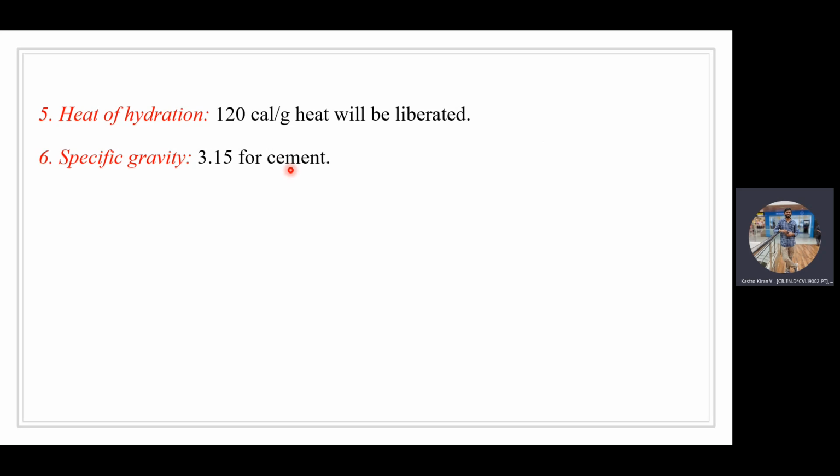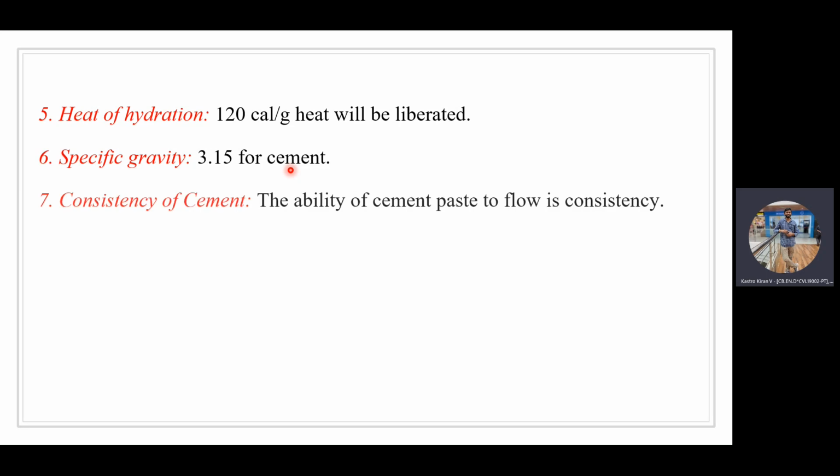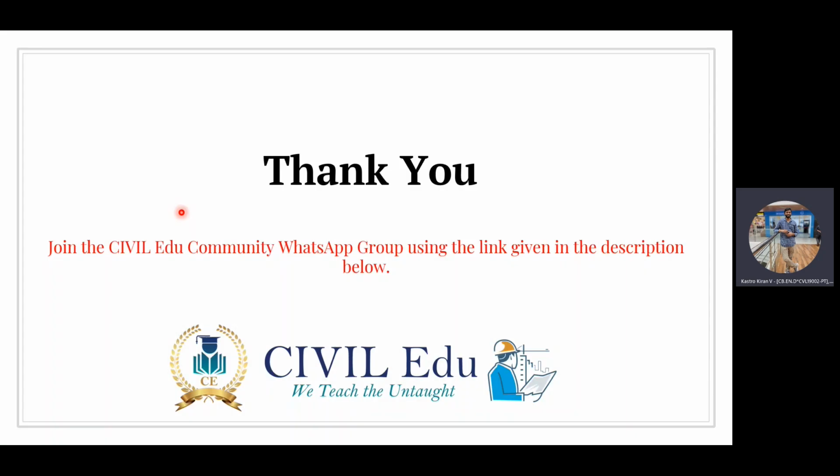Are we using OPC 43, 53, or PPC, PSC type of cement? So it changes with the type of the cement. So these are the different physical properties of the cement, and then the consistency. Again, this we are going to discuss in the next class itself. So that's all from my end for this.